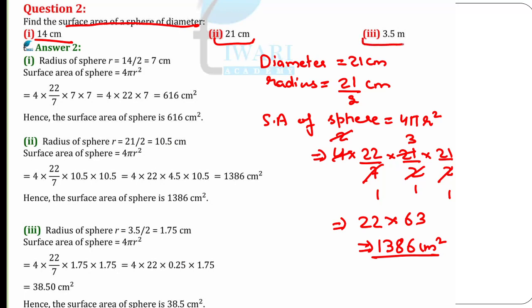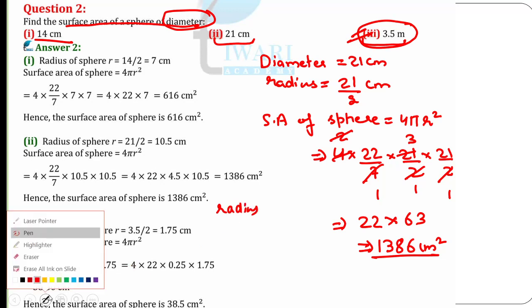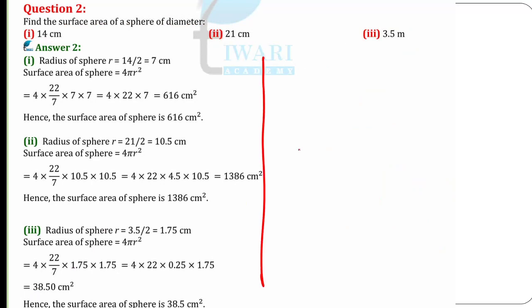And in the third part the diameter is given, that is 3.5 meter. So the value of radius will become half of this, 3.5 divided by 2.